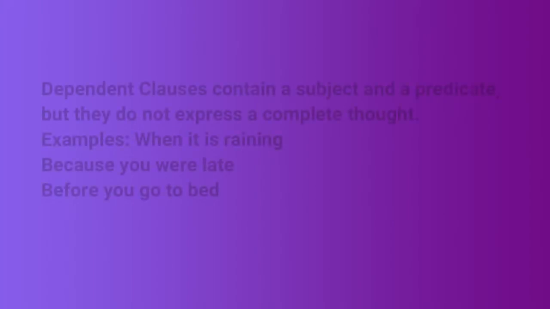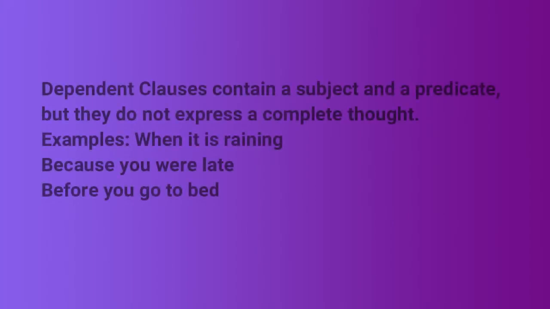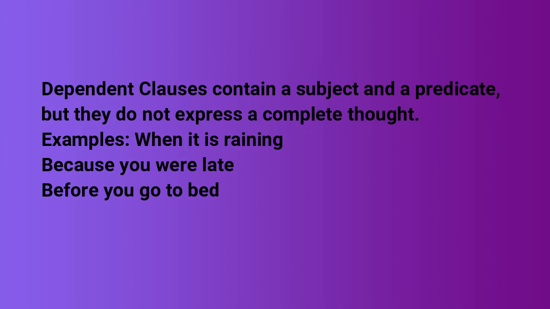Now, dependent clauses. Dependent clauses are also called subordinate clauses. They always depend on independent clauses. By the name itself we can understand: dependent is which depends on something else, right? A dependent clause contains a subject and a predicate, but does not express a complete thought.